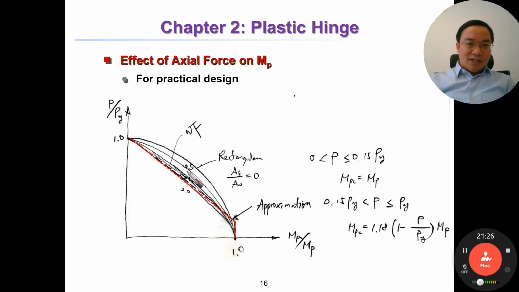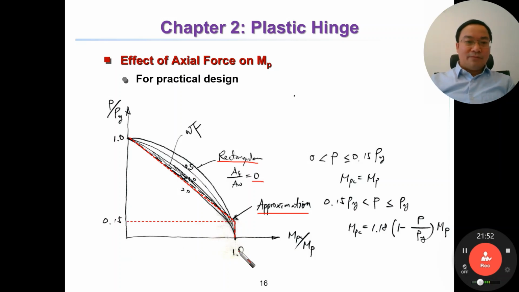If this ratio equals 0.5, then this curve. If the ratio equals 0, meaning a rectangular section, then we have this curve. But it is very complicated. So for practical design, we can use this curve, which is an approximation curve. Okay, it is used for practical design.